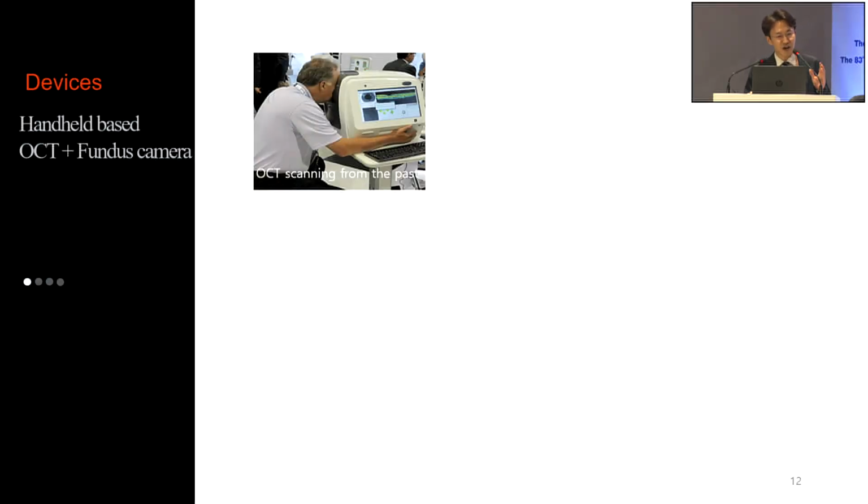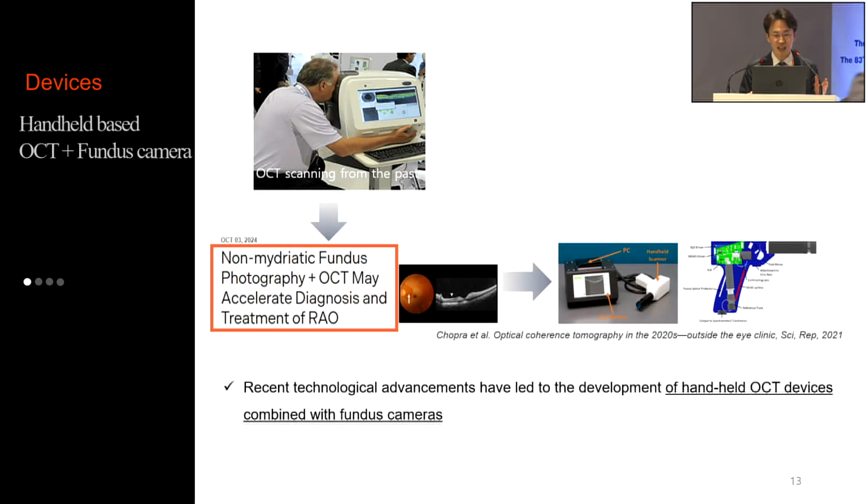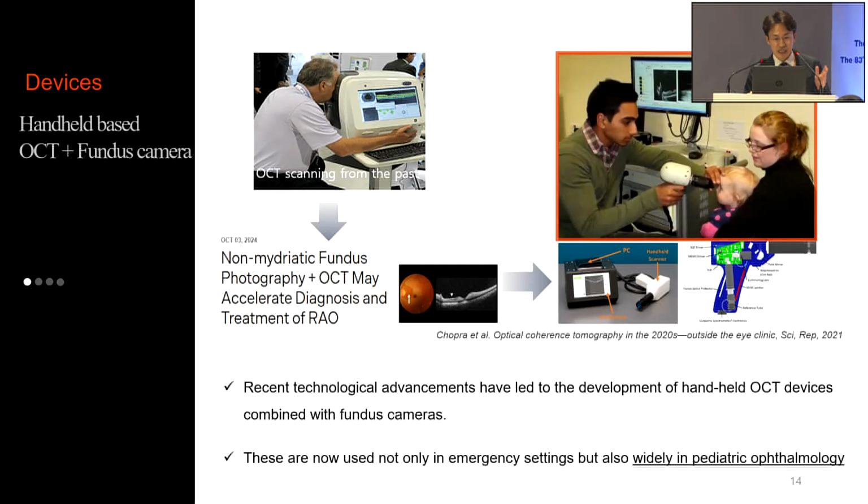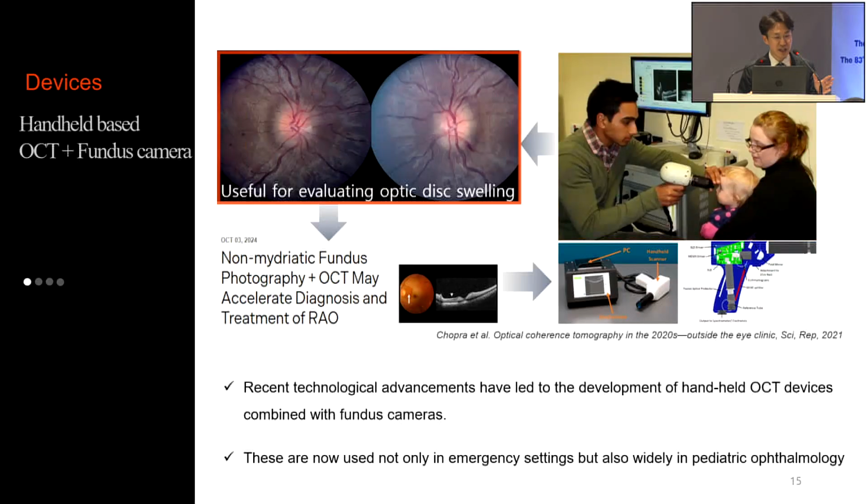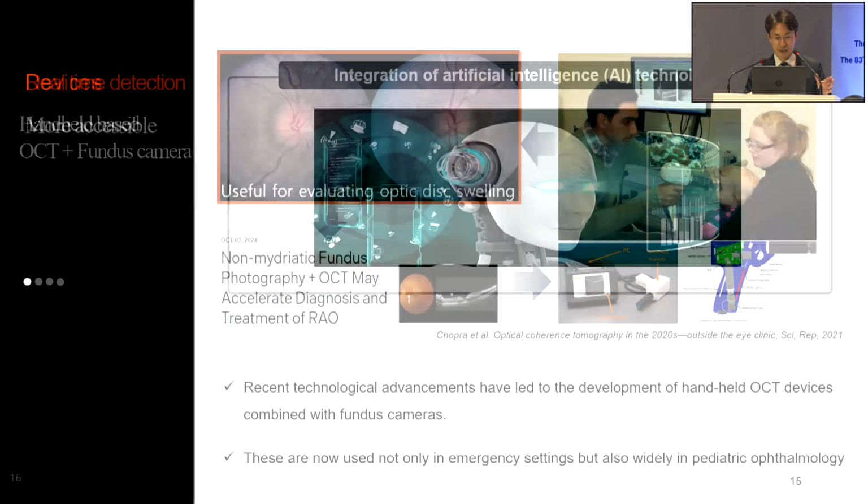Here is an OCT image in the past and now, and recent technology advancement has led to the development of a handheld OCT combined with a fundus camera. So these are now available not only in the emergency setting but also widely in pediatric ophthalmology. Especially, these tools are used for evaluating optic disc swelling and monitoring papilledema.